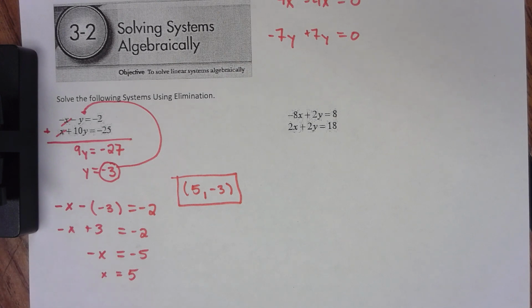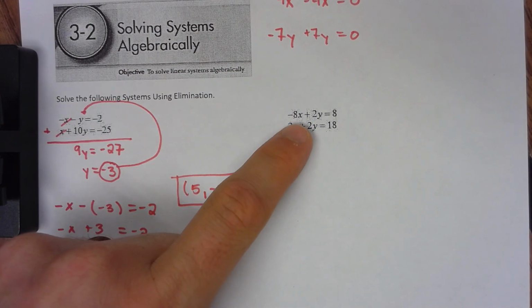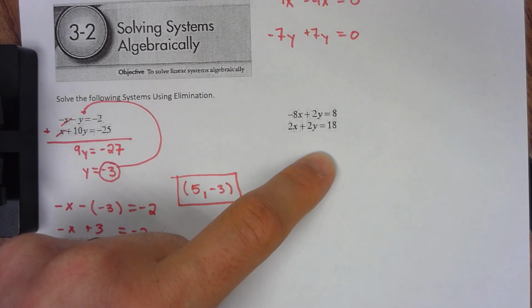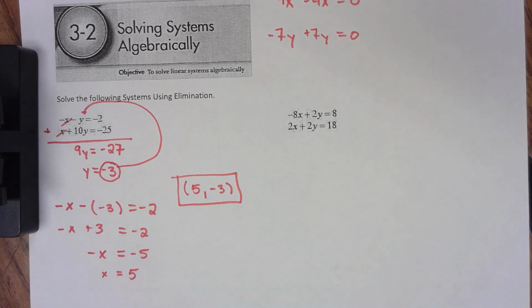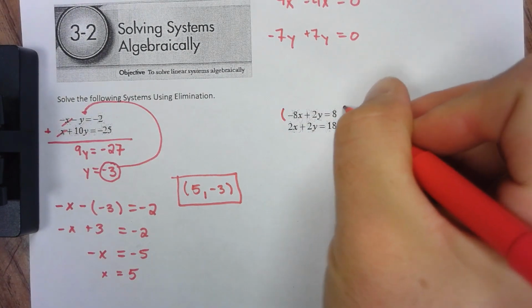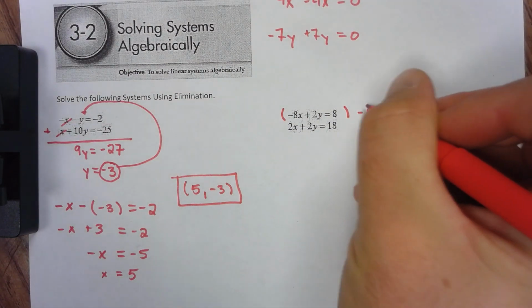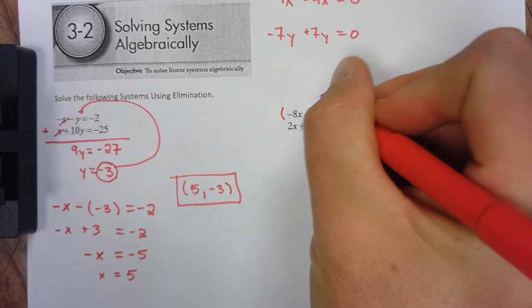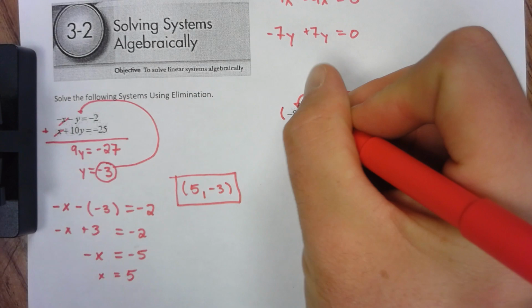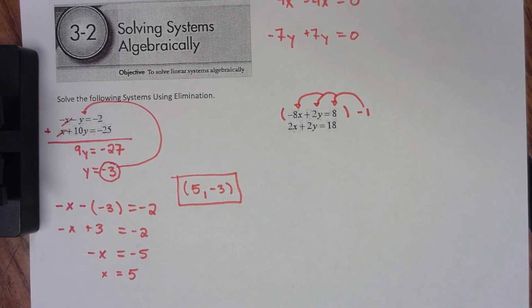So what I would suggest here is I know that I need one of these 2y's to be a negative 2y. So what I might do is multiply one of the equations by a negative 1, thus changing the signs of every term in that equation.